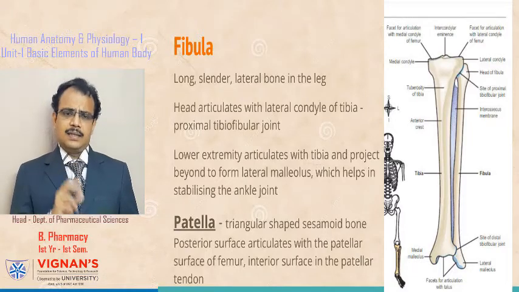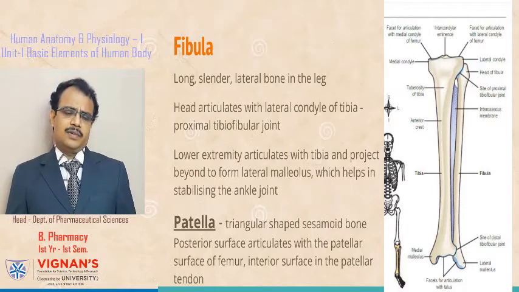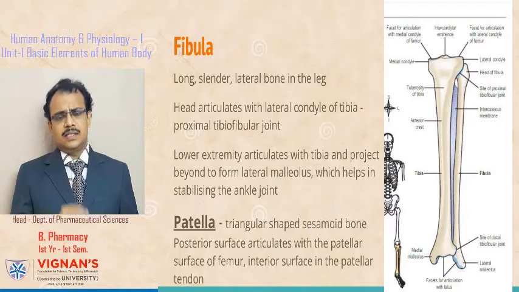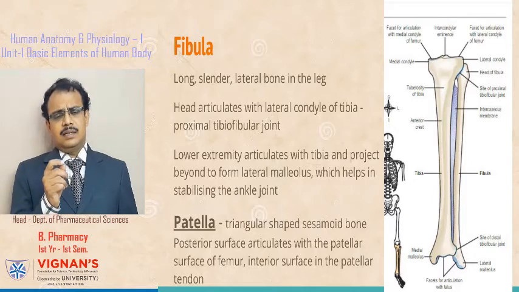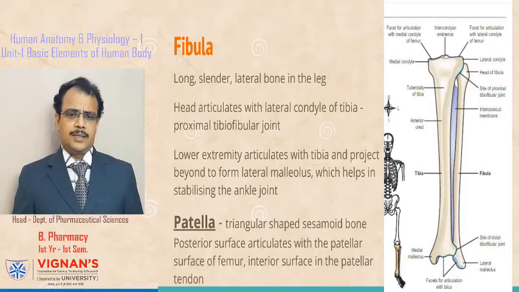It is placed in the patellar surface, which is the flat surface of the femur, and it is enclosed in the patellar tendon, which is the tendon of the quadriceps femoris muscle.